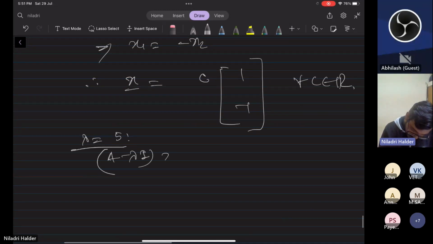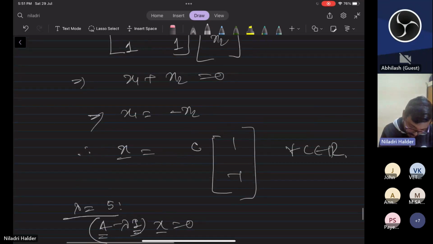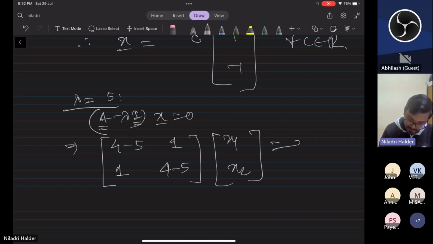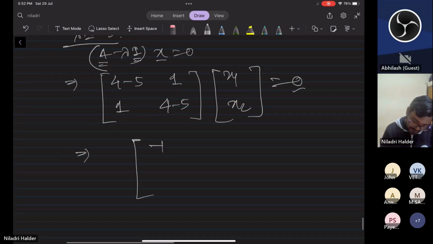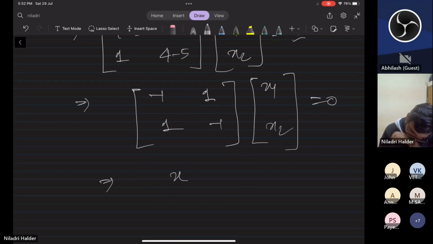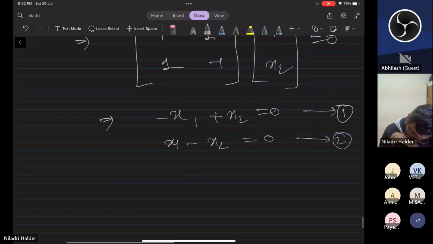Similarly, A minus lambda I times x equals 0, which is 4 minus 5, and so on.